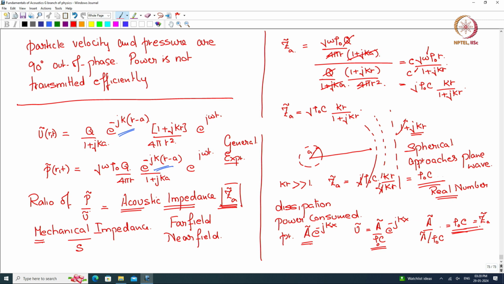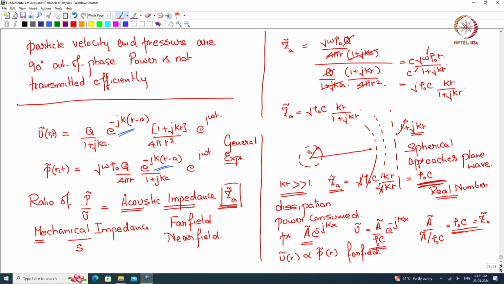Okay, so now as k r becomes bigger and bigger, we are approaching the plane wave case, and so the acoustic impedance becomes real and power transfer is efficient. On the other hand, this is also the reason why the particle velocity in the monopole is proportional to pressure in the far field. Same reason.